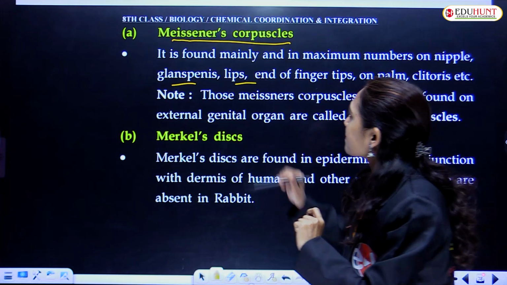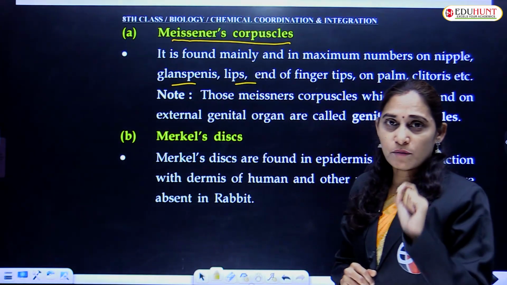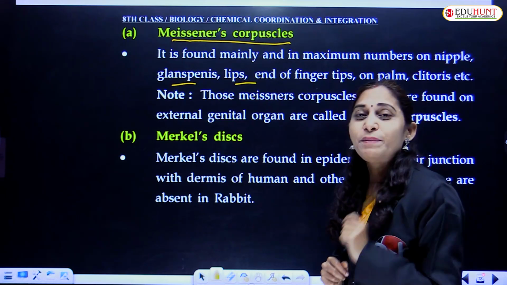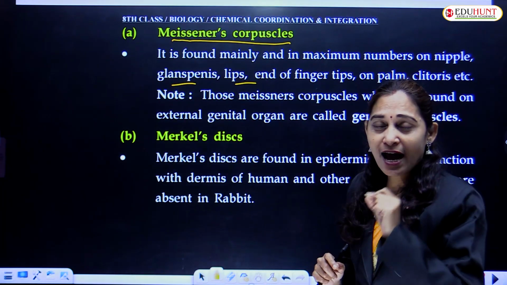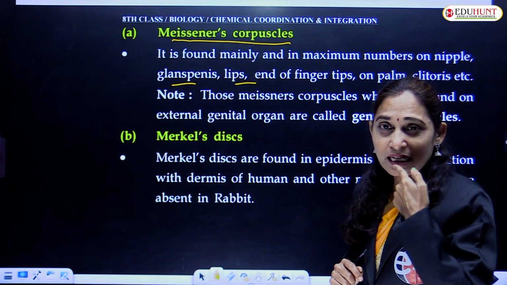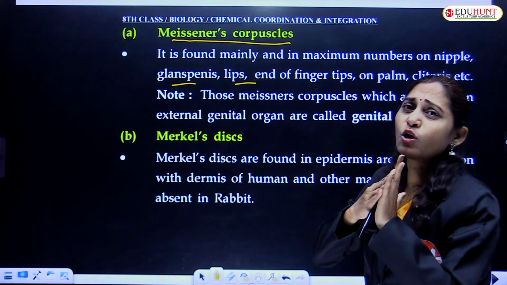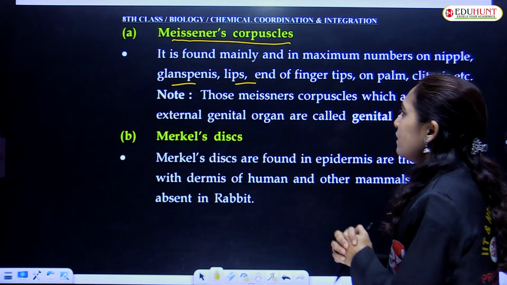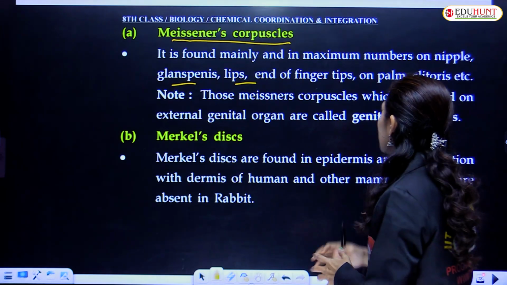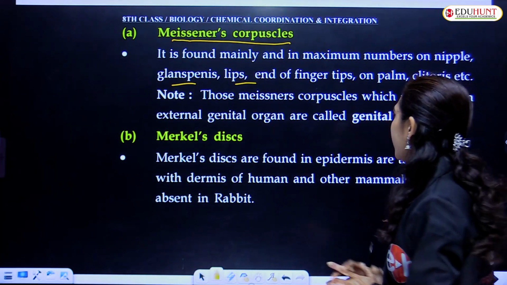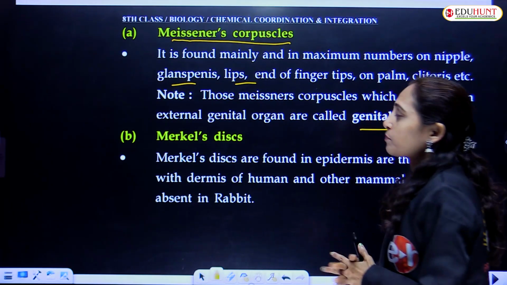One of the kinds is Meissner's corpuscles. They are present near the nipples, glans penis, lips and fingertips, even in the palm, and clitoris. Those Meissner's corpuscles which are found on external genital organs are called genital corpuscles.